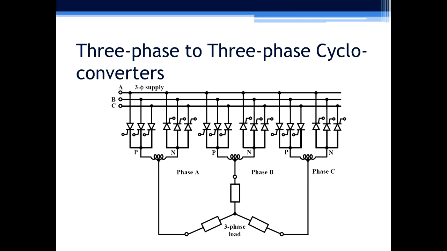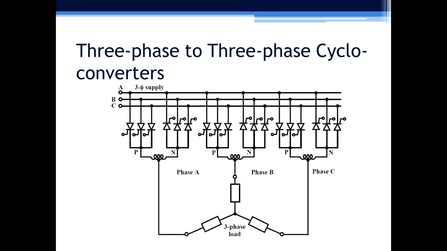Second, we are using one more configuration with P converter and N converter, and after that a third converter which has P converter and N converter. Their outputs are connected to phase A, phase B and phase C. Here our load is a 3-phase motor or any 3-phase load, R load or RL load.